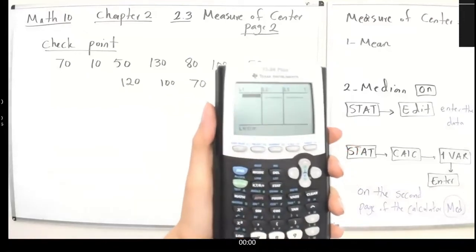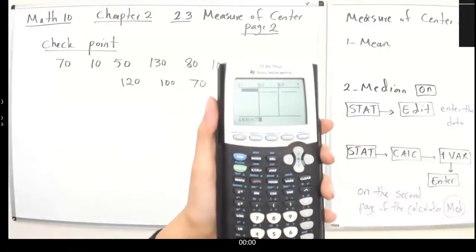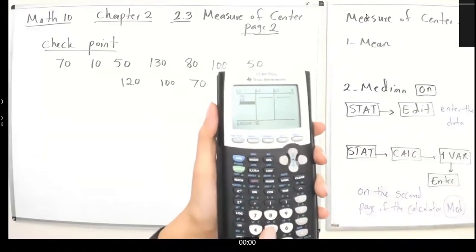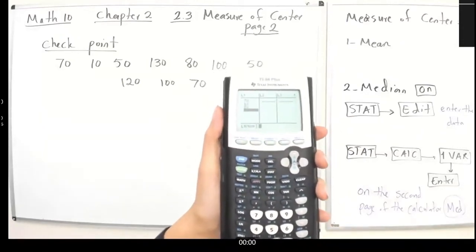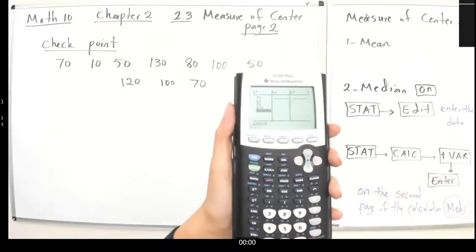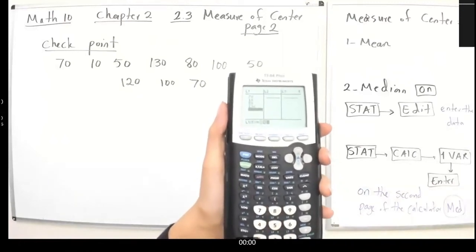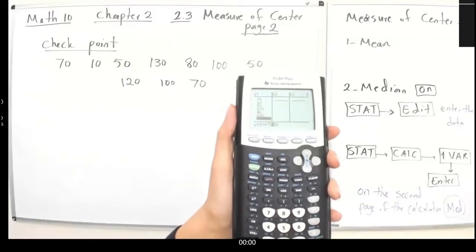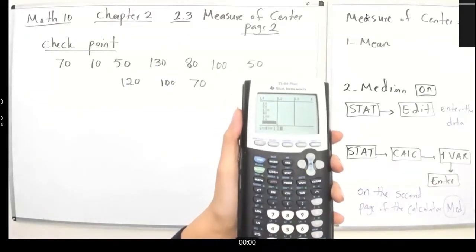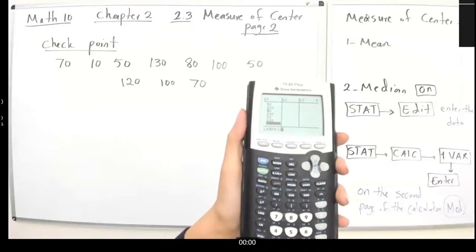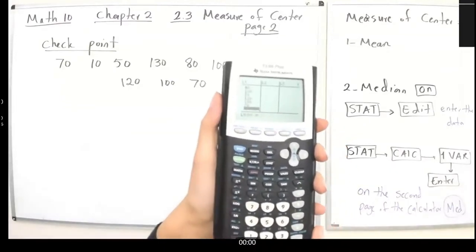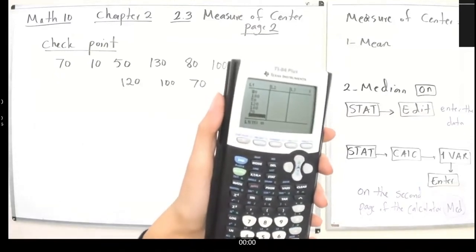Now I'm entering these numbers. 70, 10, 50, 130, 80, 100, 50, 120, 100, and 70. This is the list of the numbers that I have.